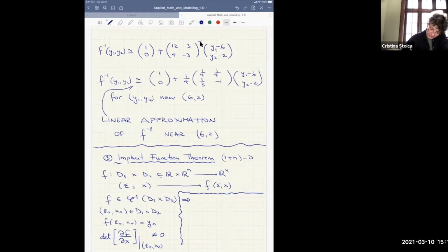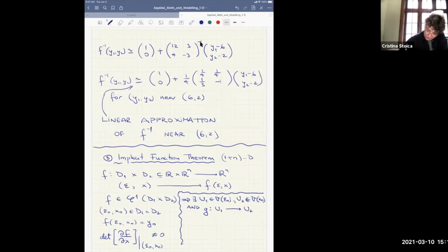Under these conditions, there is a neighborhood, a vicinity of epsilon 0, and a neighborhood of x naught, and a function g that goes from U1 to U2.